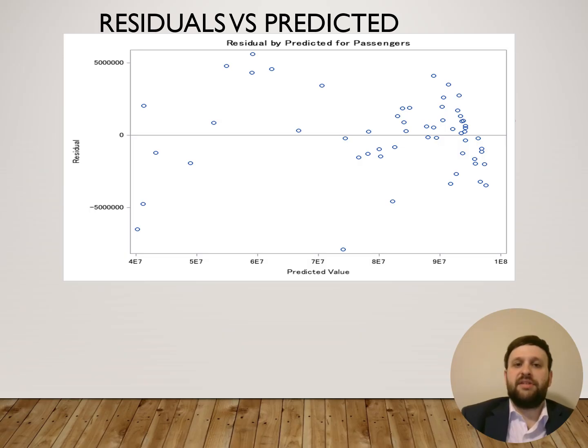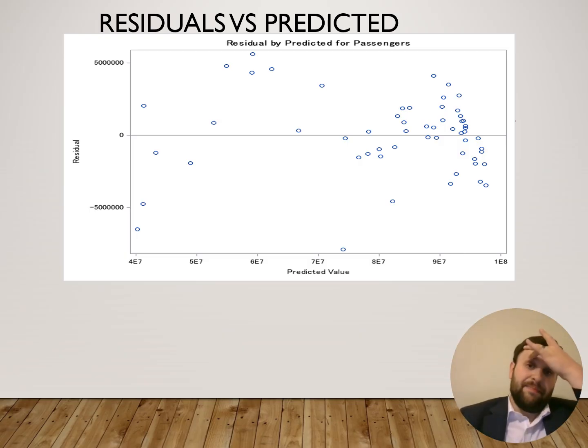And instead, we see the errors are much larger when the predicted passenger counts are low, and they shrink as the predicted values get higher. And that means the model is less consistent when there's a month that has a lower passenger volume, and it's more accurate in the higher passenger months.